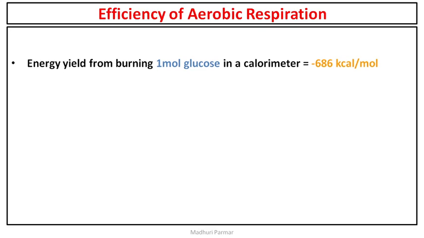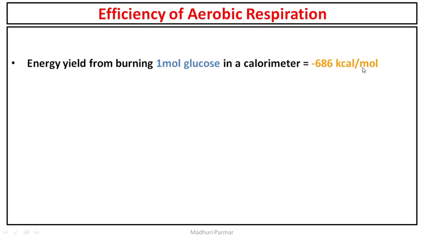Now let us find out how efficient aerobic respiration is. Here again with the same calculations, burning one mole of glucose will give you minus 686 kilocalories per mole. Minus, I told you, is because it is an exergonic reaction. Energy is given out.